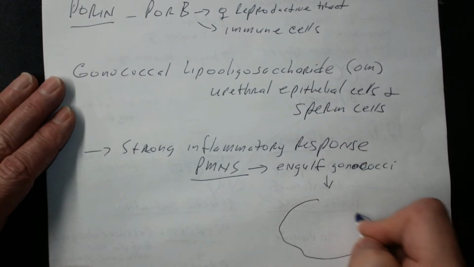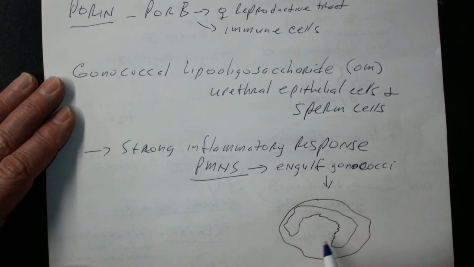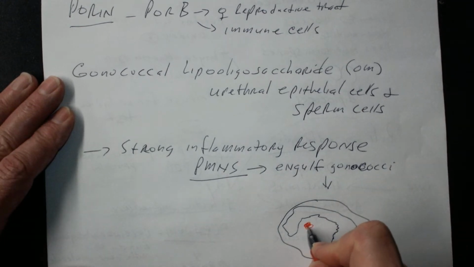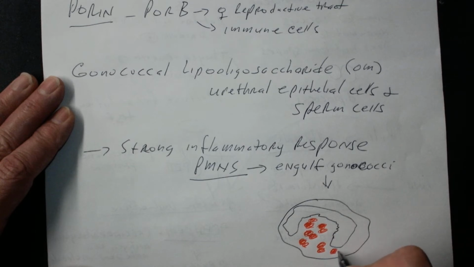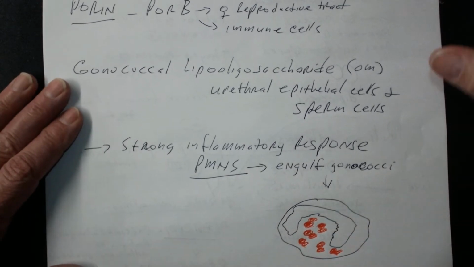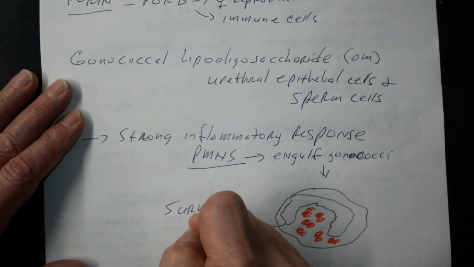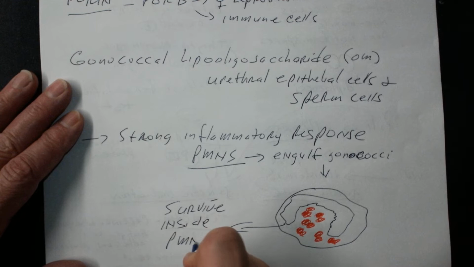So it's not uncommon to see a polymorphonuclear cell with lots of little, if you do a gram stain, you'll see lots of gram-negative diplococci in the cytosol of these cells. So the gonococci can survive inside the polymorphonuclear cells.